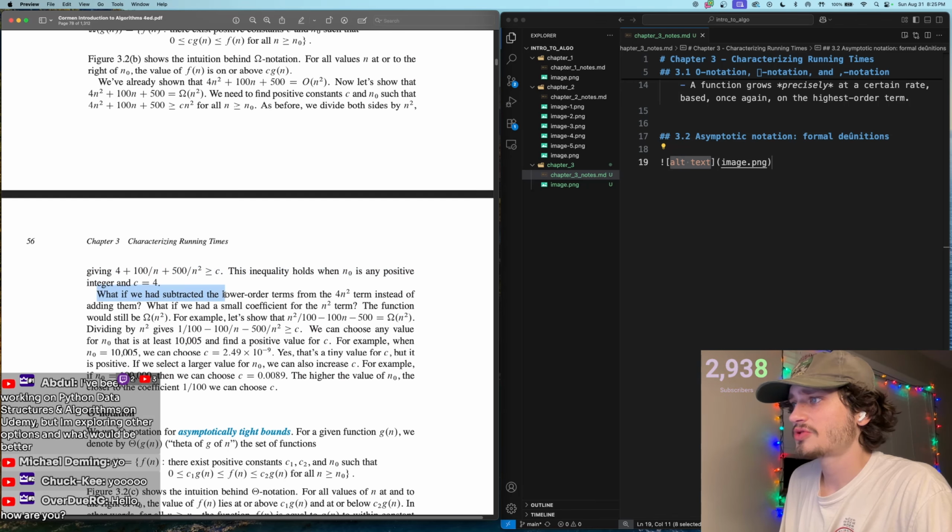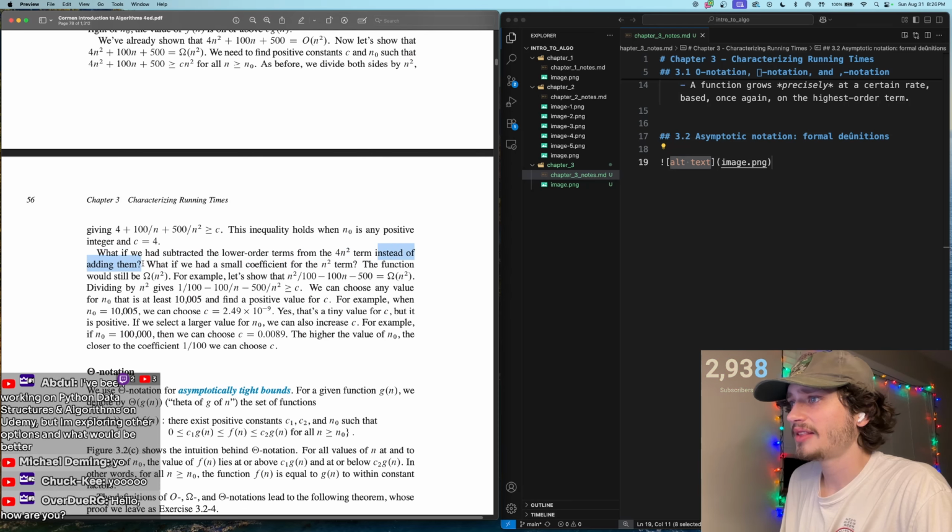What if we had subtracted the lower order terms from the 4n squared instead of adding them? What if we had a small coefficient for the n squared term? The function would still be omega of n squared. For example, let's show that n squared divided by 100 minus 100n minus 500 is equal to omega of n squared.